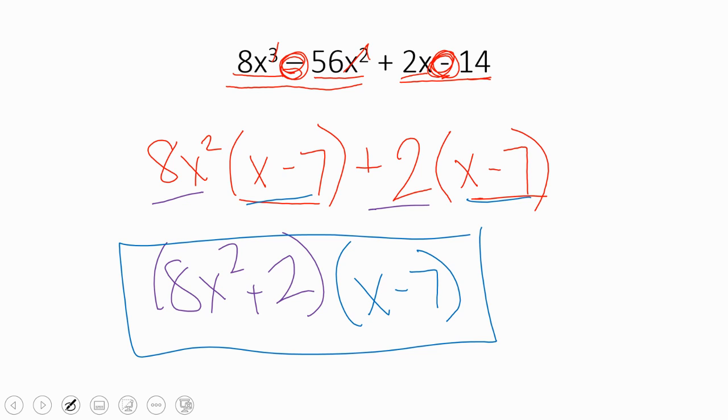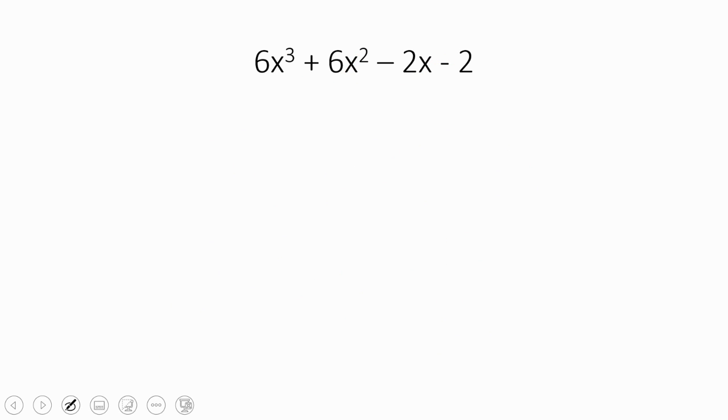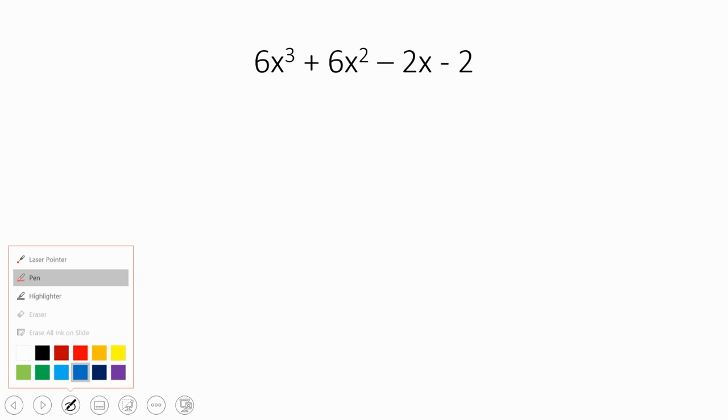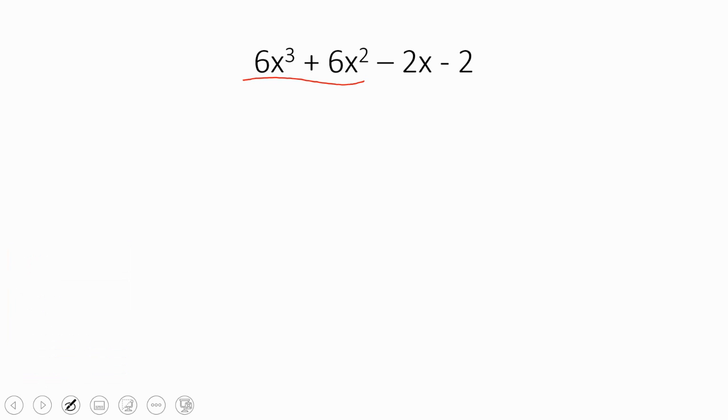Okay. All right, now let's look at what happens when this isn't a positive that's being divided out. When we do this problem, I find my GCF here. I can divide those both by 6, and I can take 2 x's out. So when I divide this by 6x squared, I just get x.